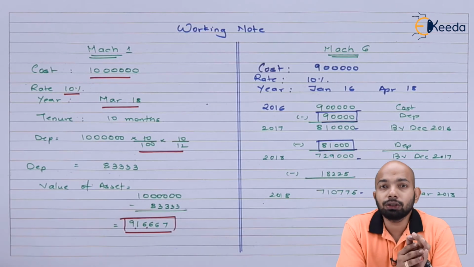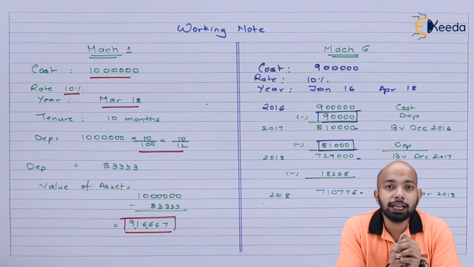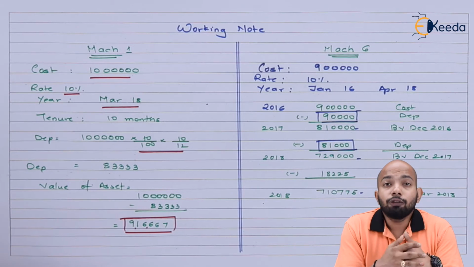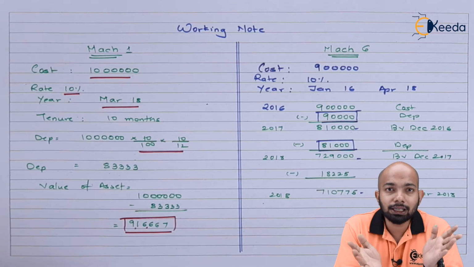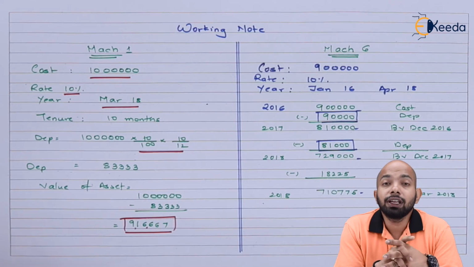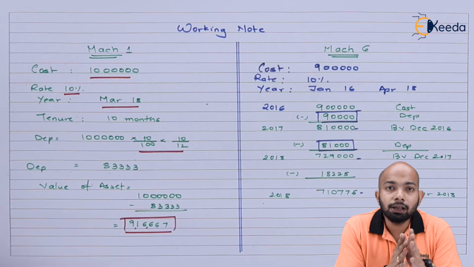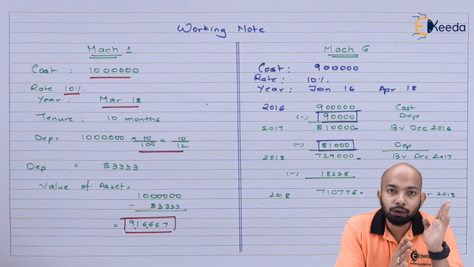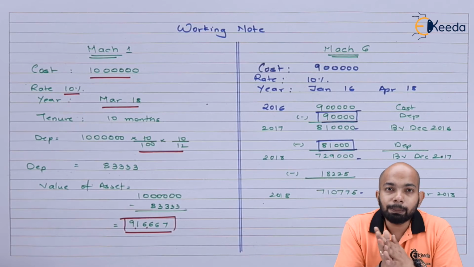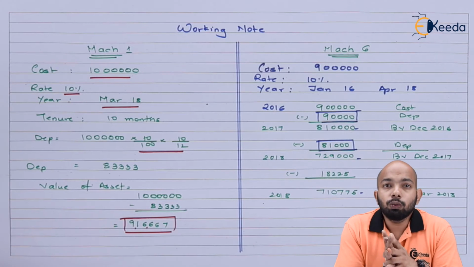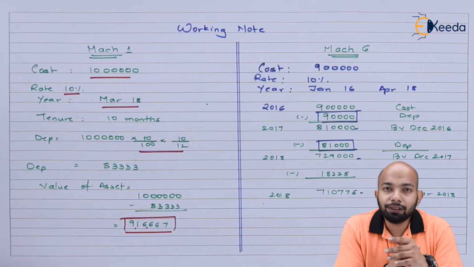That means Jan 2018 you will have this amount as the opening balance. Now for the year 2018 we have sold out this specific asset. The complete sale of asset was done on 1st of April. So depreciation has been calculated from Jan until March for 3 months. So for 3 months, the depreciation figured out was 18,225.